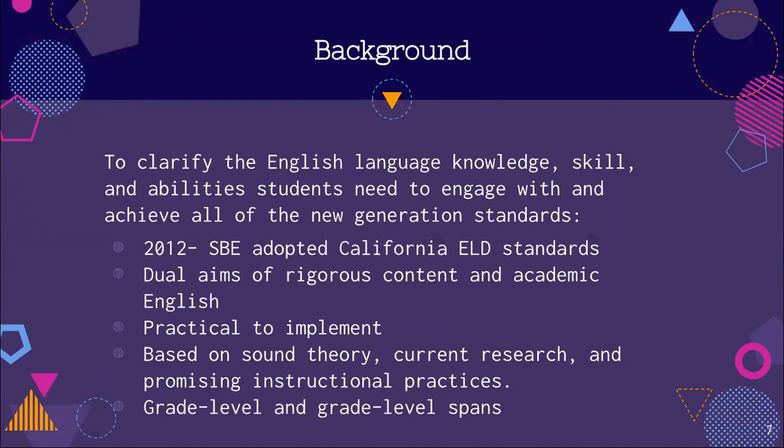And this is a big departure from what our ELD standards were in the past. They were very different from the ELA standards, even though they tried to connect some. You'll see a lot of language that is identical, but you'll also see some of the scaffolds that are written in, as well as the stair steps or on-ramp to those standards that are provided by both oral and written language.